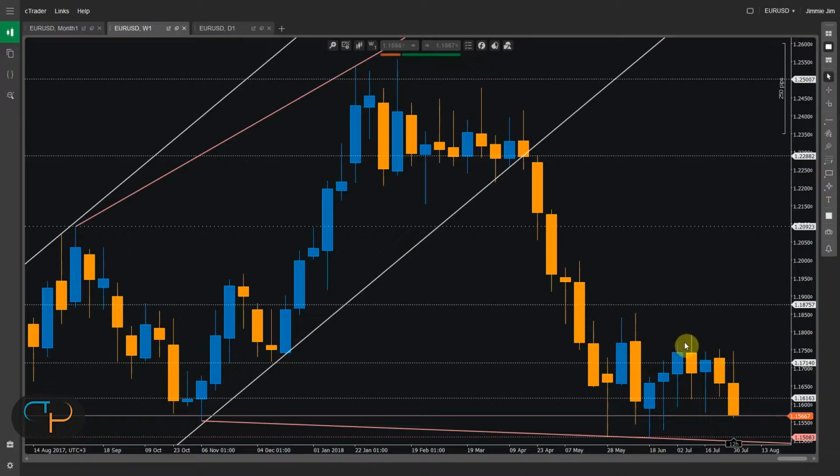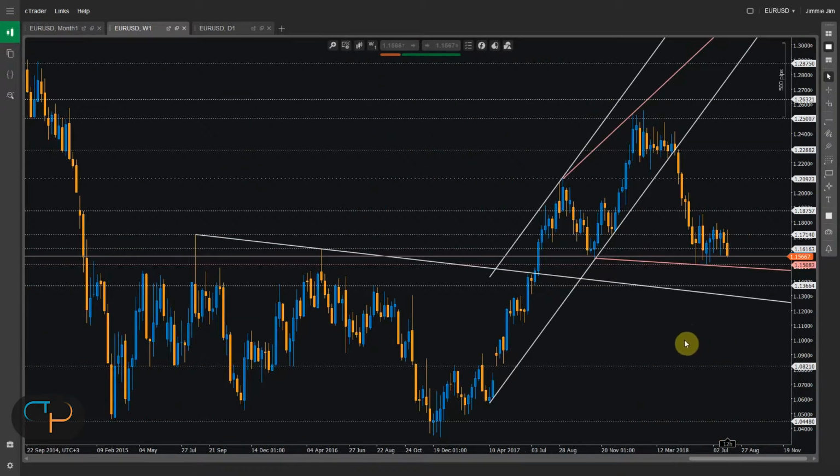And besides this, it's not an argument by itself, but it's an important thing to point out. I can see this broadening pattern, this megaphone, which is lined by these purple lines.